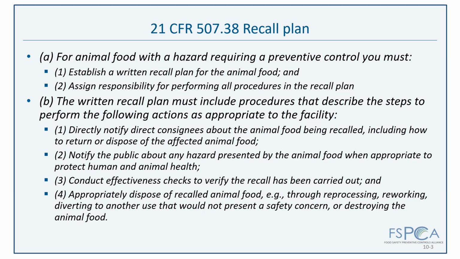Number three, conduct effectiveness checks to verify the recall has been carried out. And number four, appropriately dispose of recalled animal food, for example, through reprocessing, reworking, diverting to another use that would not present a safety concern, or destroying the animal food.